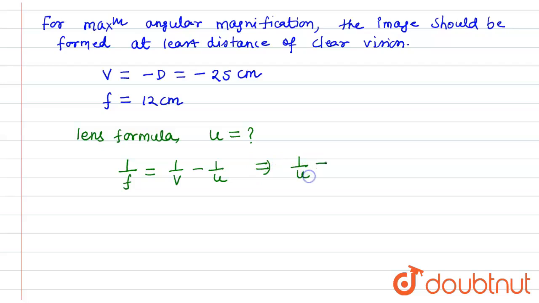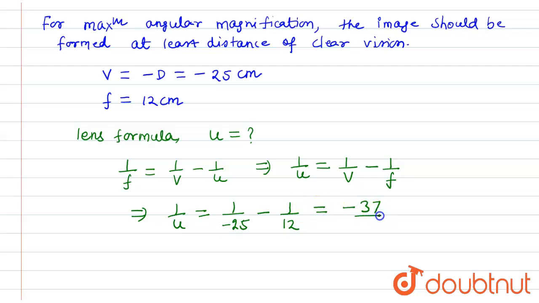So 1 upon u equals 1 upon v minus 1 upon f. Here 1 upon u equals 1 upon minus 25 minus 1 upon 12. This will be equal to minus 37 upon 300.